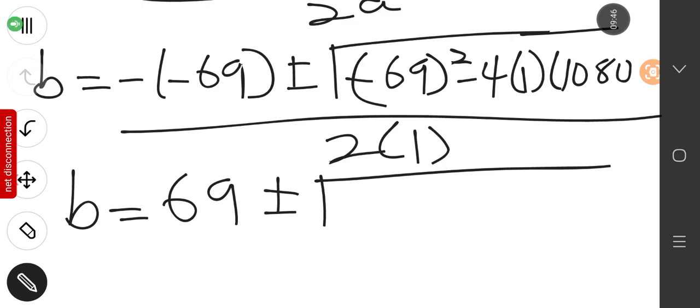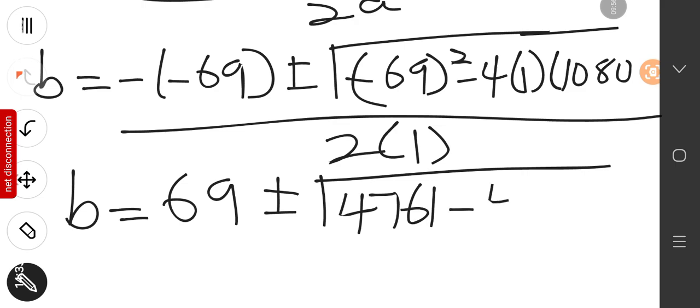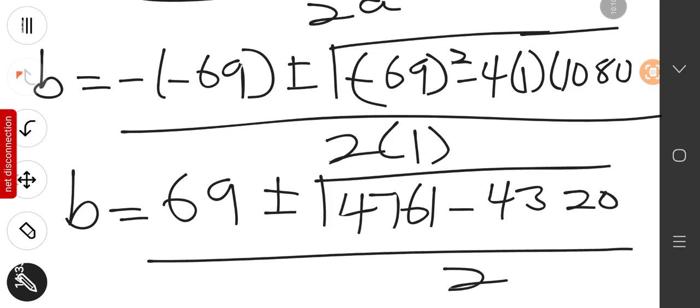So 69 squared will give us 4,761, and then 4 times 1080 will give us 4,320, all over 2.